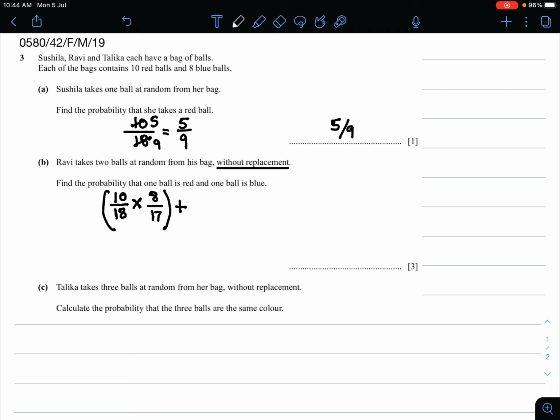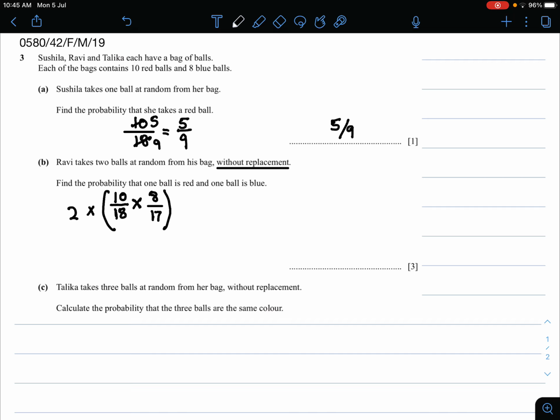Now there are two scenarios. You can pick a blue ball first as well. Therefore, you can simply do 2 multiplied by this scenario, because you can pick a blue ball first and then a red ball second, any of the two scenarios, which will have the same probability.